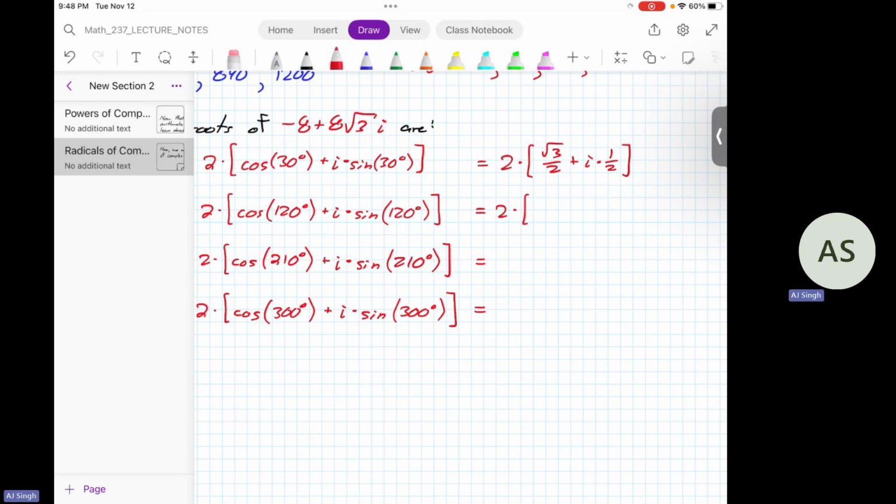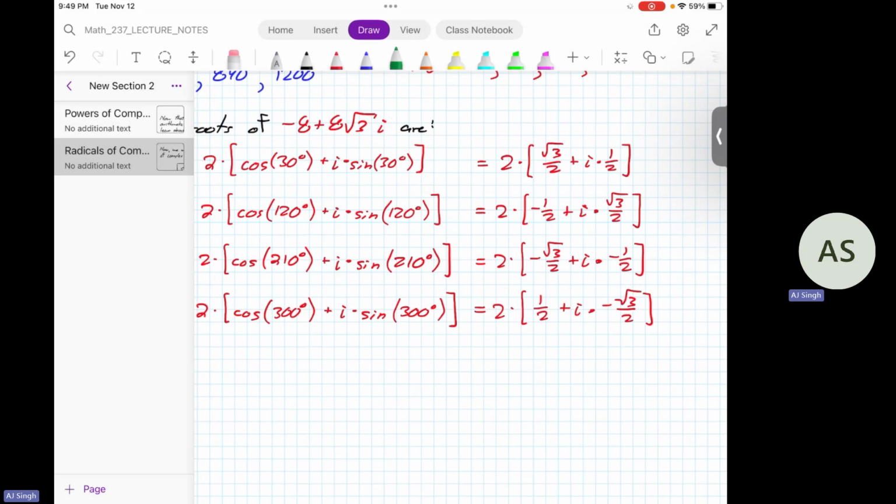Cos 60, negative a half. Negative root 3 over 2. Half. So I believe this is what you should have gotten.